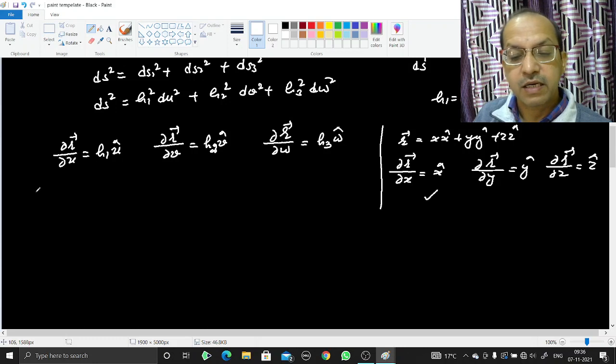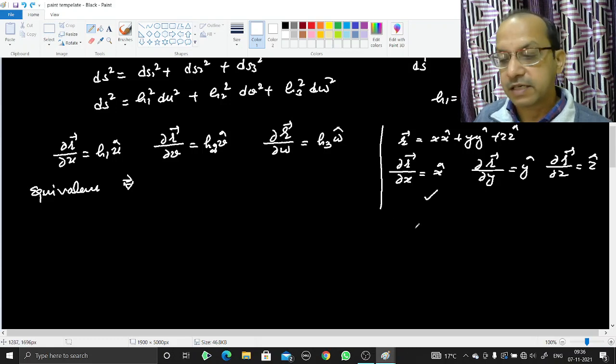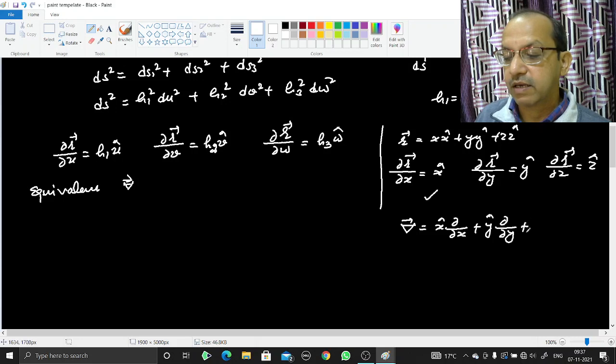Now we will write the equivalent del operator. In the Cartesian system, this del operator can be written as x cap del over del x plus y cap del over del y plus z cap del over del z.